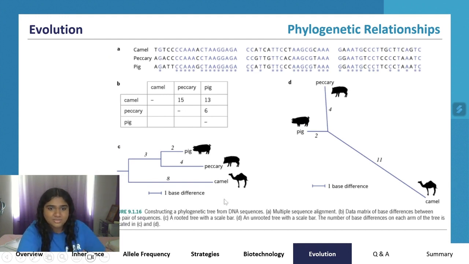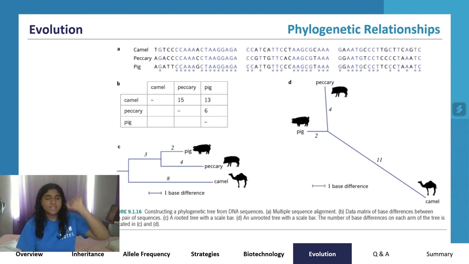Here, the camel was the first one to break away from the common ancestor, because it's the one with the least amount of similarity. And then the pig and the peccary are the ones that broke away much later down the line. You can either have a scaled tree, which is what you see on your left-hand side, where all of the lines are proportional to the time it took to diverge.